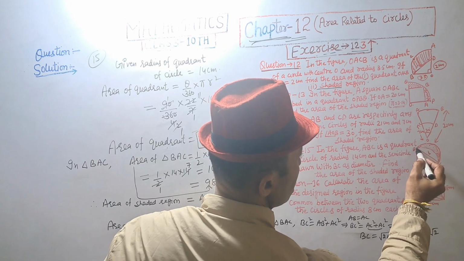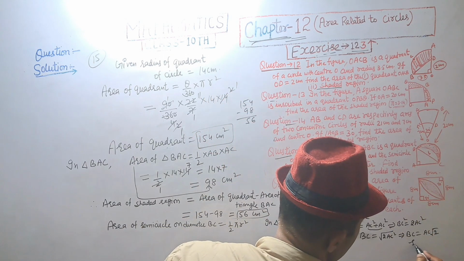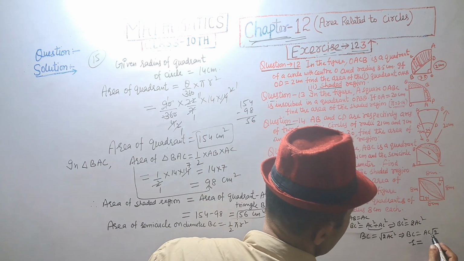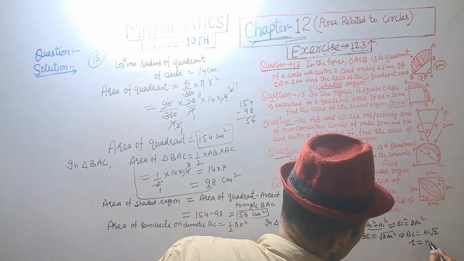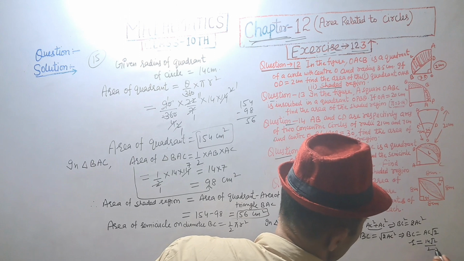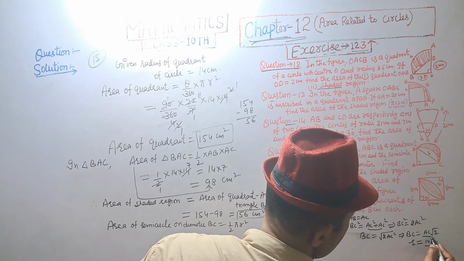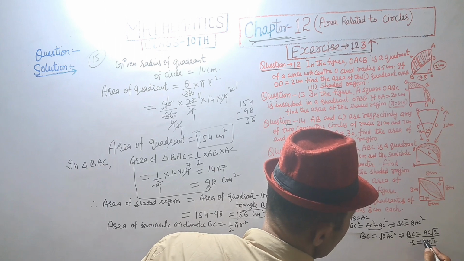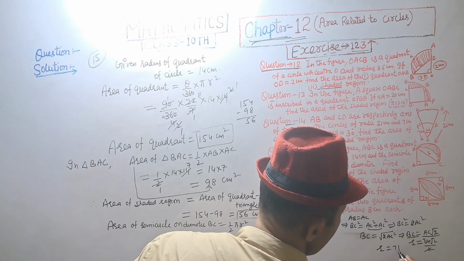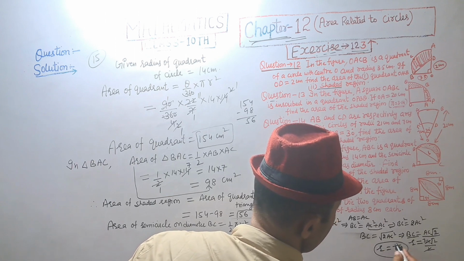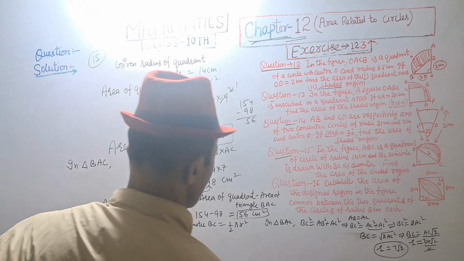BC is diameter and radius R is equal to AC root 2 upon 2, that is 14 root 2 upon 2. R is equal to 7 root 2. Radius equal to 7 root 2.